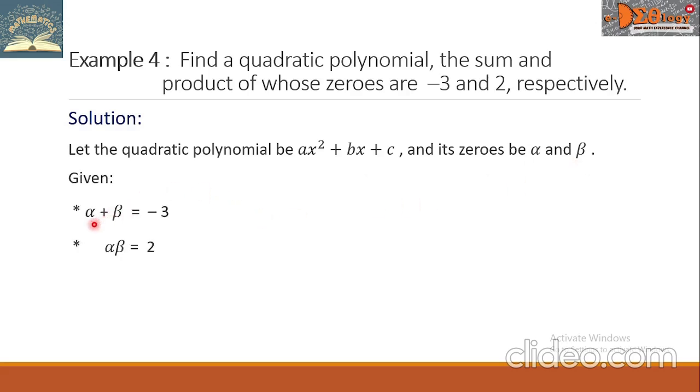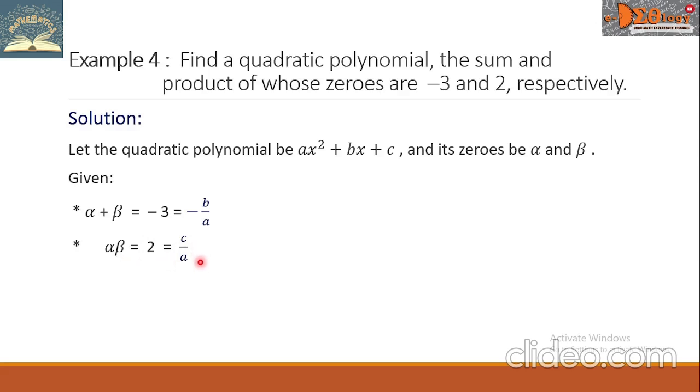Given, we have alpha plus beta, the sum, equals negative 3. The product alpha times beta equals 2.